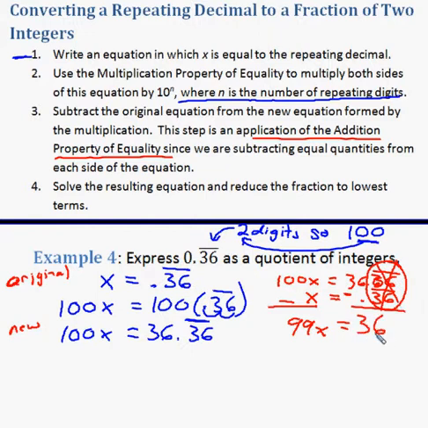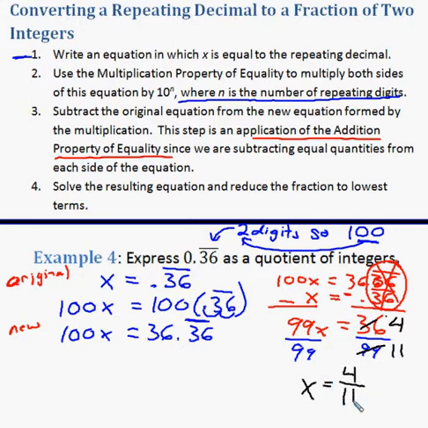And now we're going to go ahead and solve this equation, which all we have to do is divide both sides by 99. And we can reduce here because 9 goes into both of these. 9 goes into 36 4 times, and 9 goes into 99 11 times. And so we get x equals 4/11.